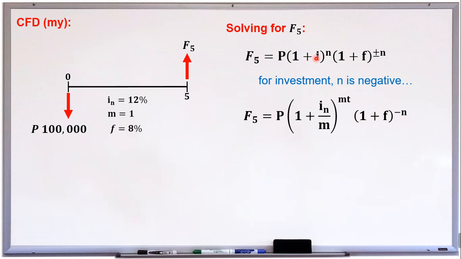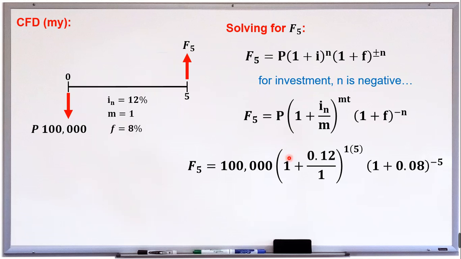Notice on the type of interest, we change this one because this is compound interest for an annual compounding scheme. The t here is equal to 5 years. So substitute the values of our given variables, and this is now the resulting equation.